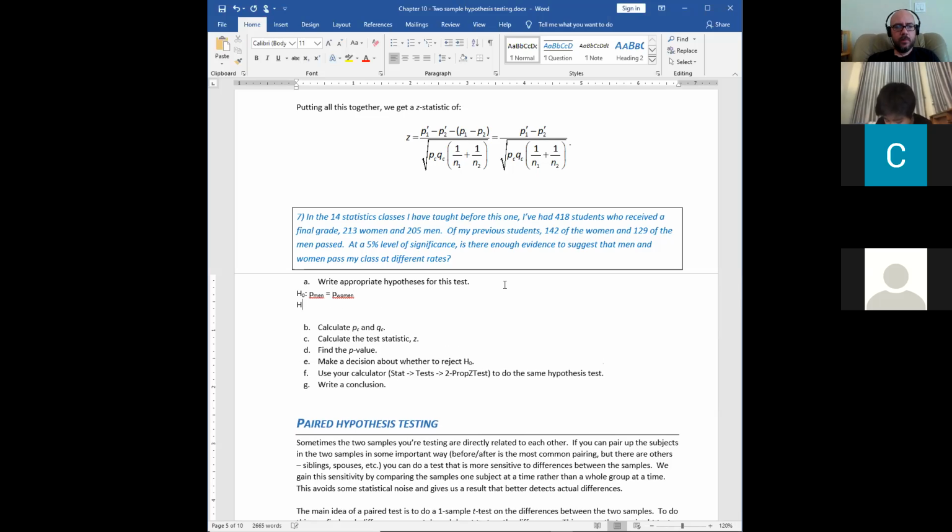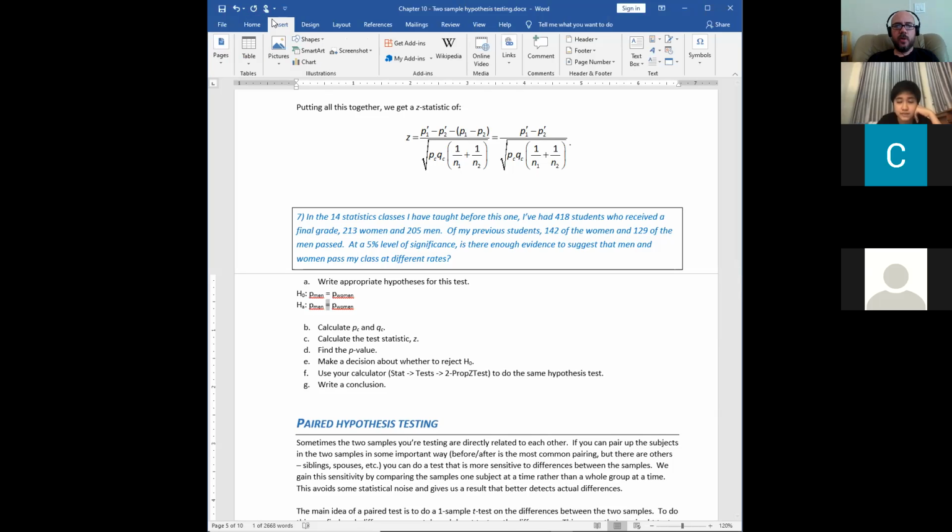Alternative is that P-men is not equal to P-women. We just want to say, is there enough evidence to suggest that men and women pass my class at different rates? So we just want to check to see if they're equal or not. That's why I'm using not equal to here.